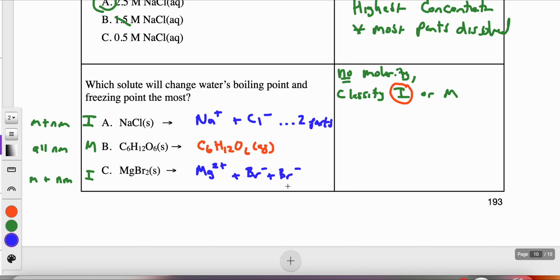So for every particle of this particular salt that's ripped apart, there are 3 parts produced in solution. So what you need to do is choose the one that produces the most parts in solution. So our best answer here is C, because the magnesium bromide produces 3 parts in solution.